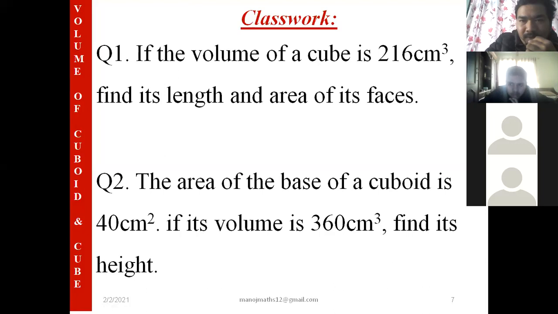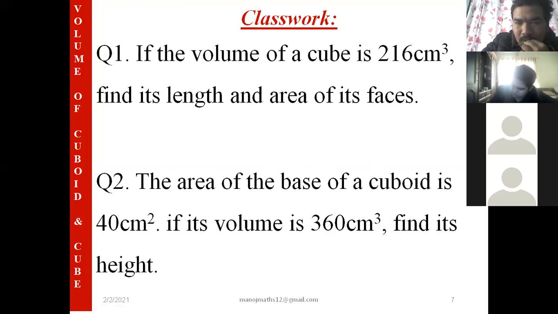First line: volume of cube equals L cube. Then if you cancel the cube of length, on the left side there will be the cube root of volume. Do you know cube root?